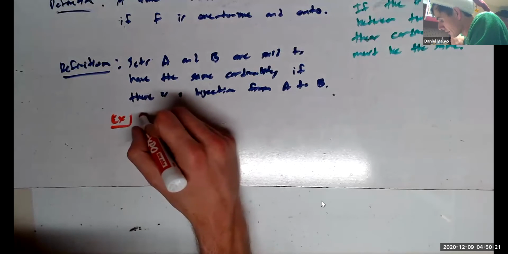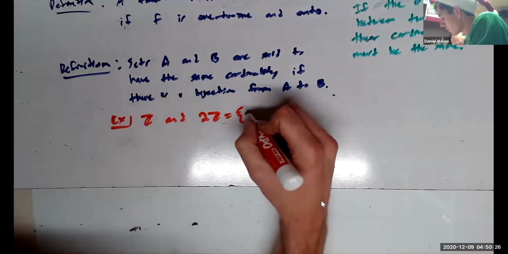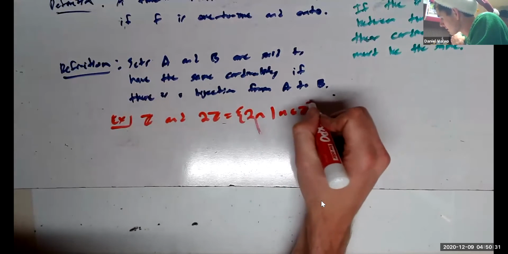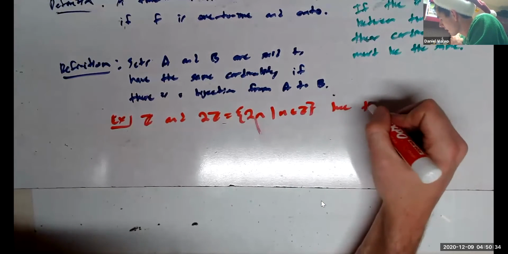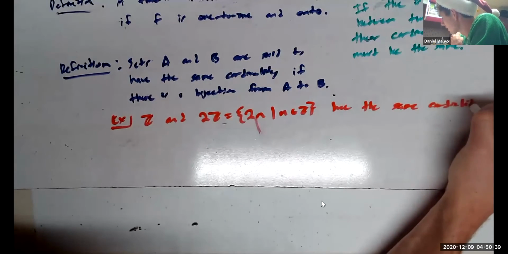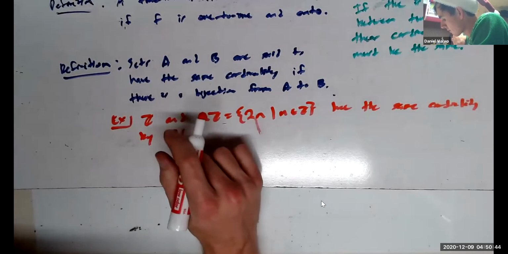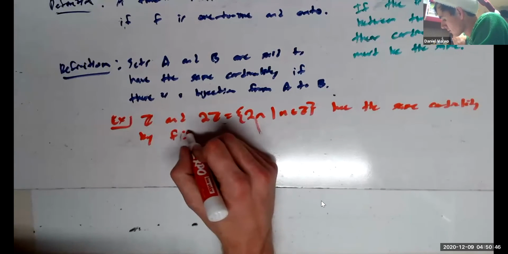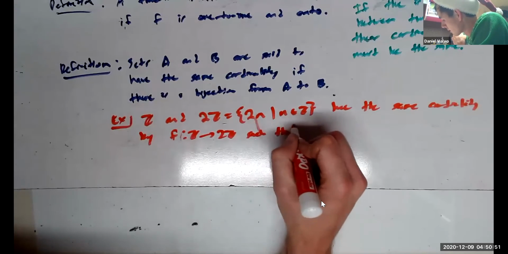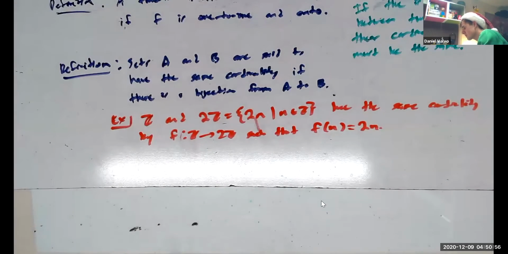Example: Z and 2Z, which remember are just the evens, elements of the form 2n such that n is in Z, have the same cardinality by f from Z to 2Z such that f of n equals 2n.